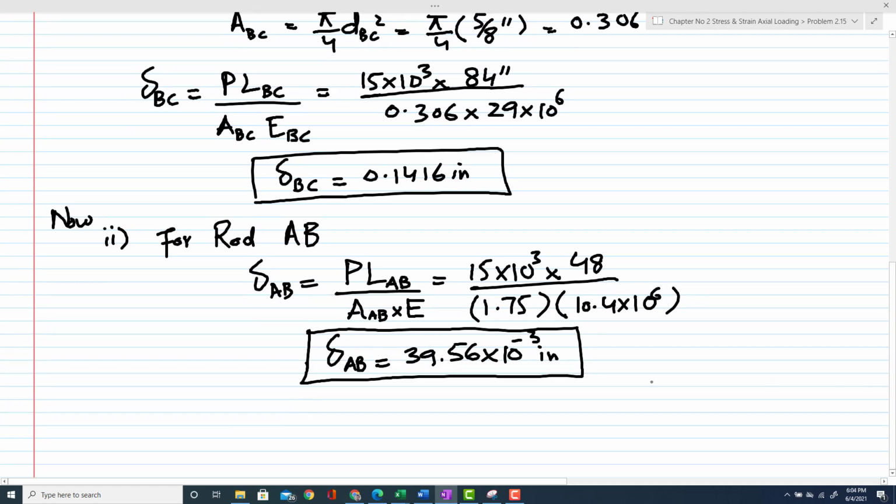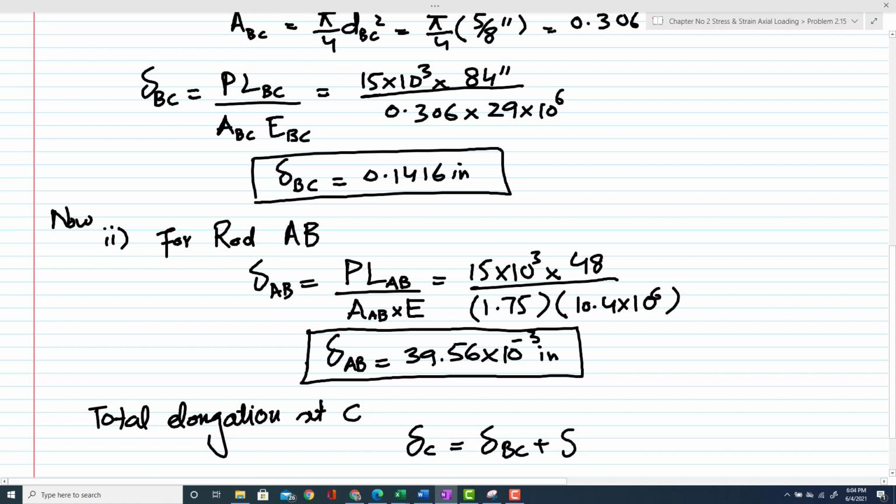Now the total elongation at C is equal to the elongation in BC plus the elongation in AB.